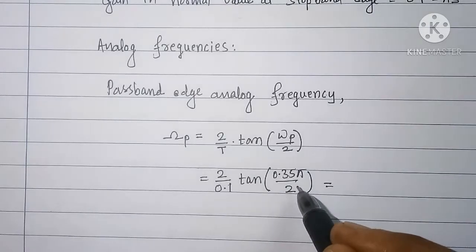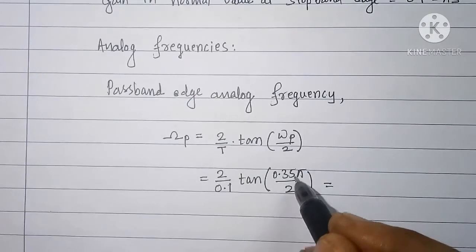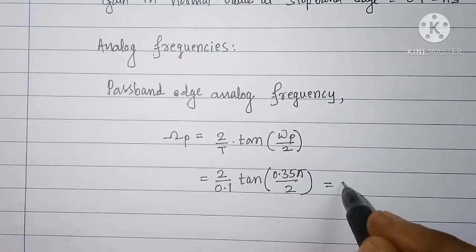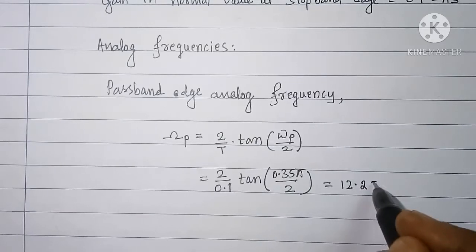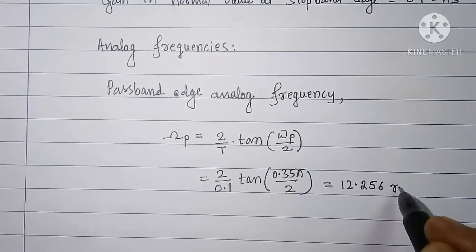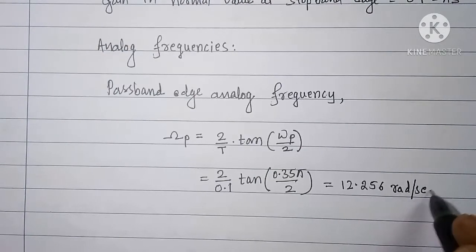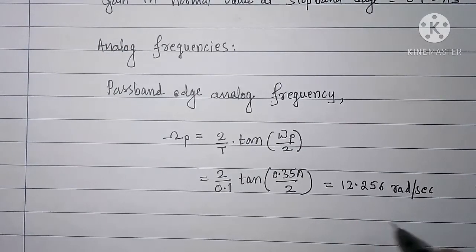I again advise you to convert this angle in radians into degrees. That is 12.256 radians per second. Unit of digital frequency is radians per sample. Unit of analog frequency is radian per second.